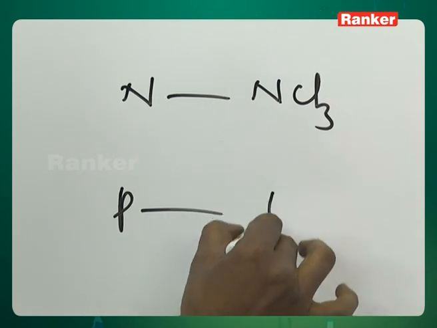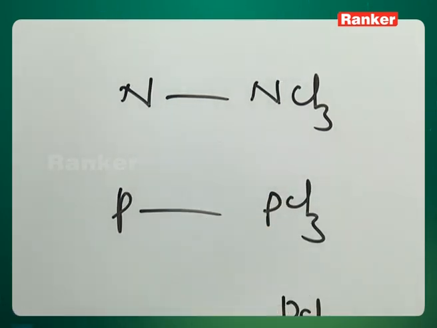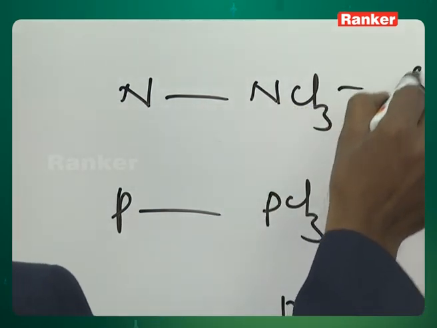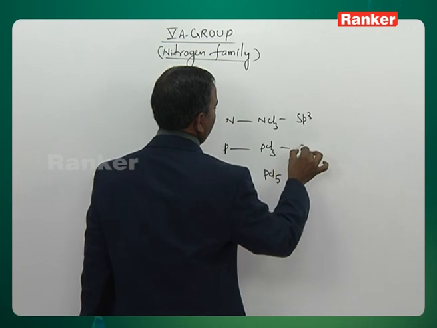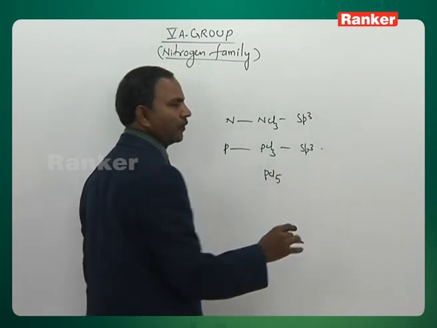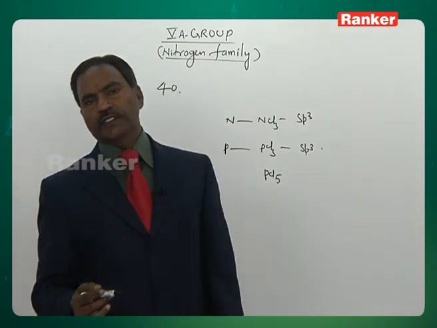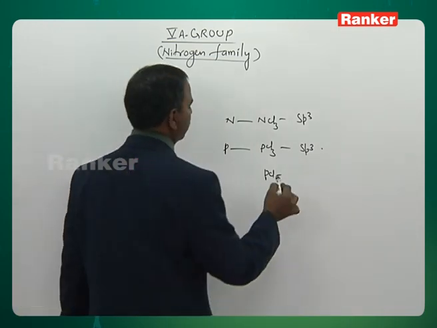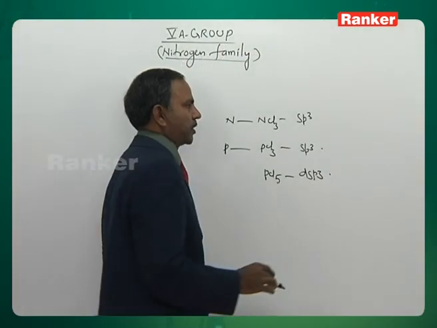phosphorus is capable of forming PCl3 and PCl5. In PCl3 the hybridization is sp3, and the geometry is pyramidal. PCl5 has trigonal bipyramid geometry with dsp3 hybridization.